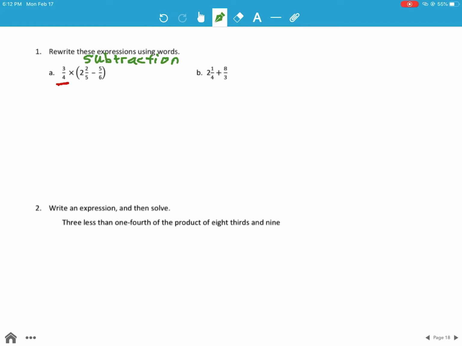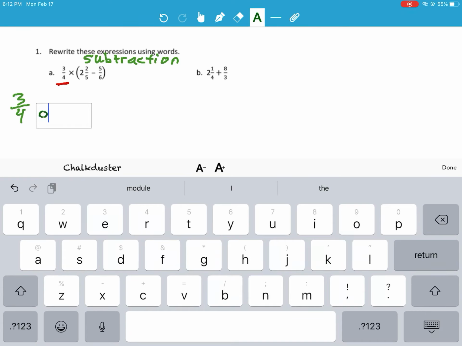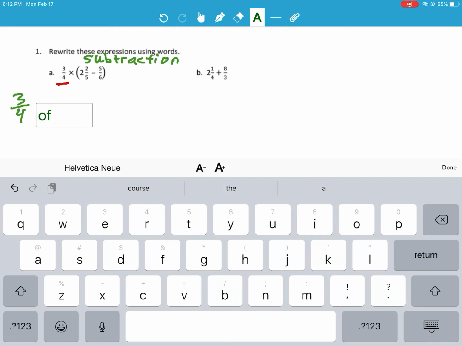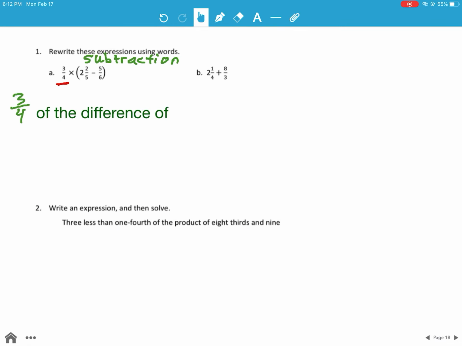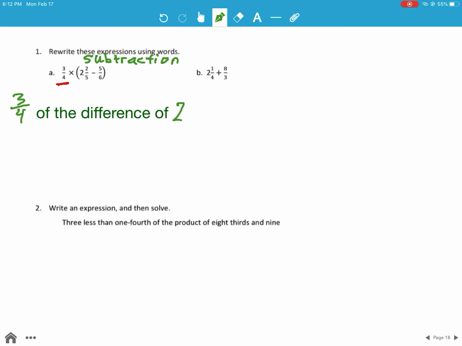Okay, so what we're going to do is we're going to say 3/4 of, now the word "of" most of the time means multiply, of the difference of, and this is where we're going to write in 2/5 and 5/6.